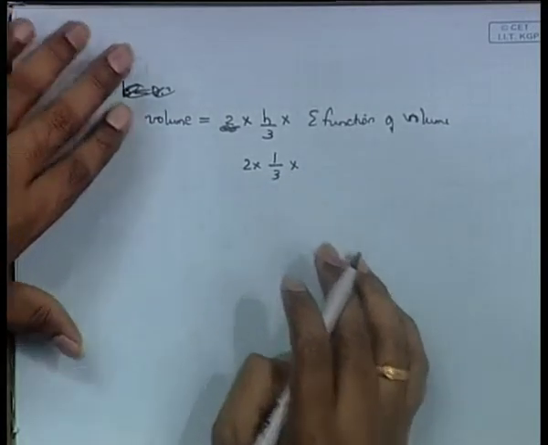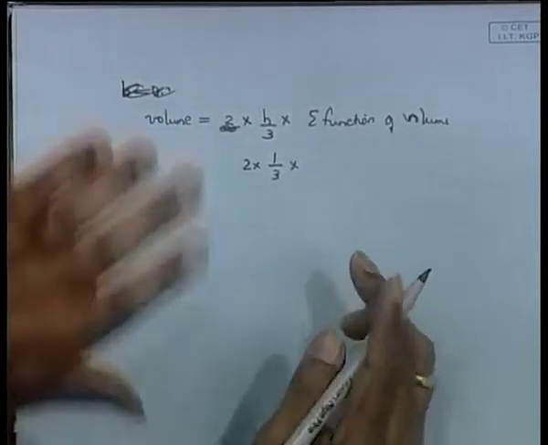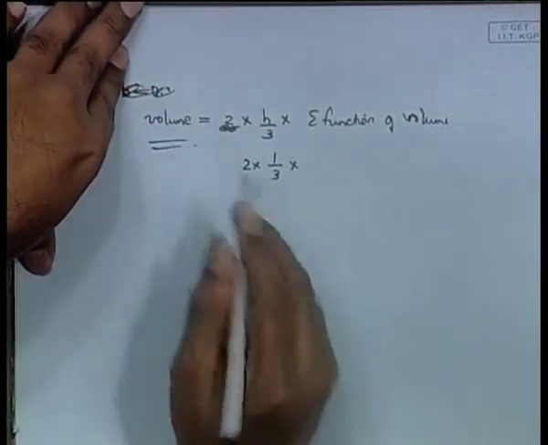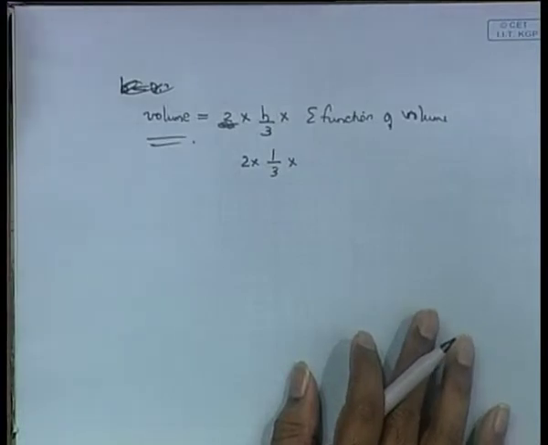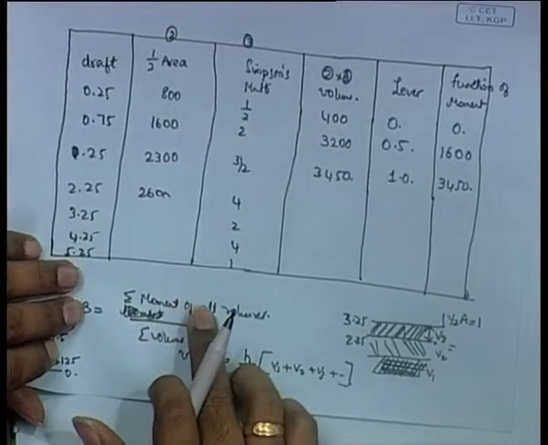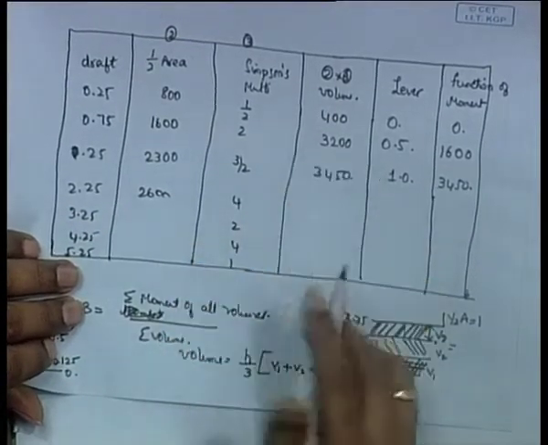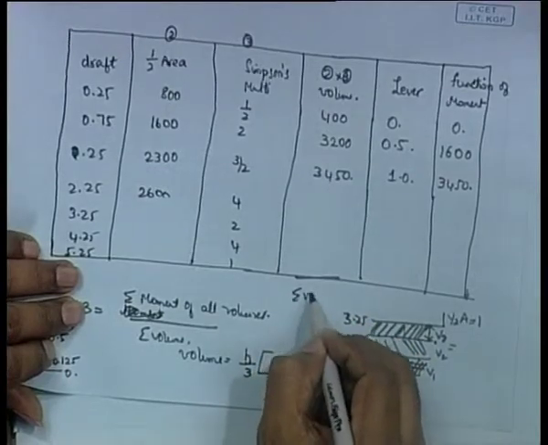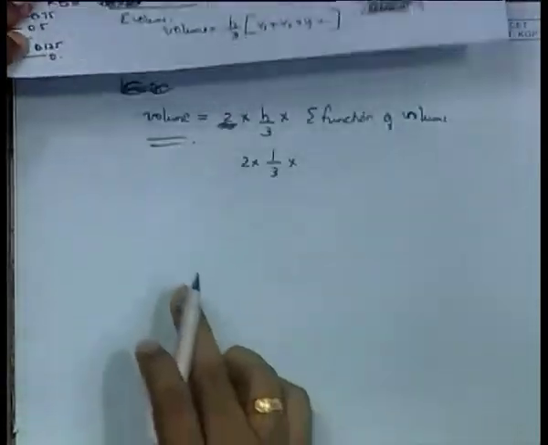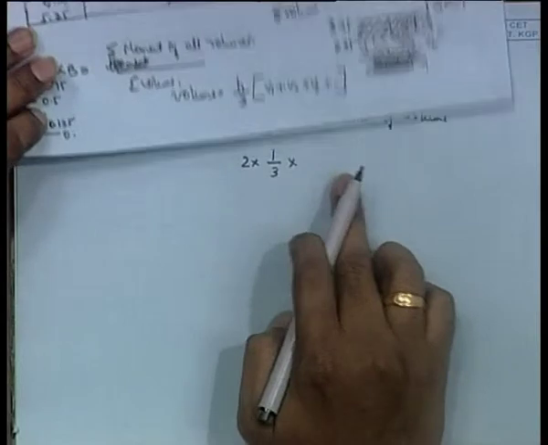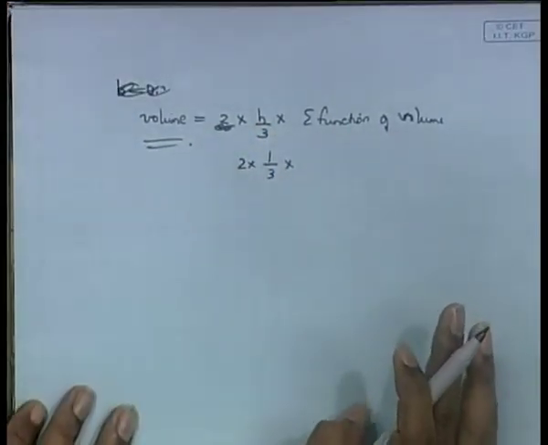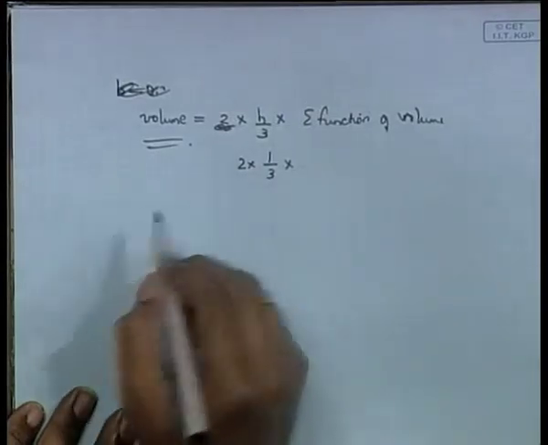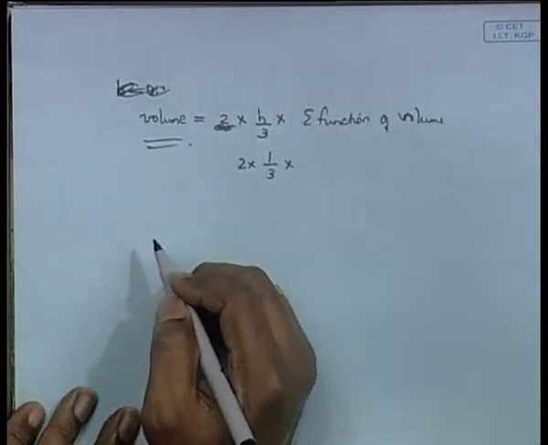That will give you the total volume. That is the first thing. You find the volume, then you know how to find the volume. Volume is equal to h by 3 into the summation of this, sigma function of volume into h by 3 into 2. That will give you the total volume.